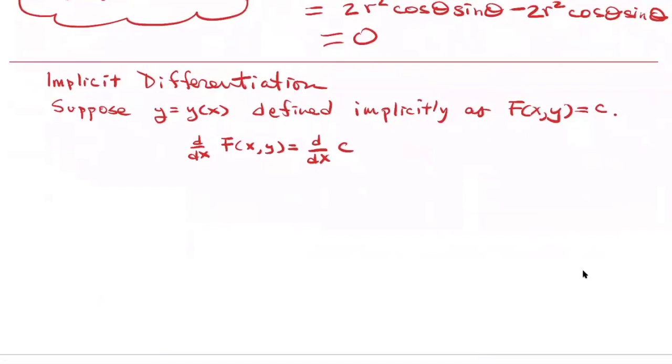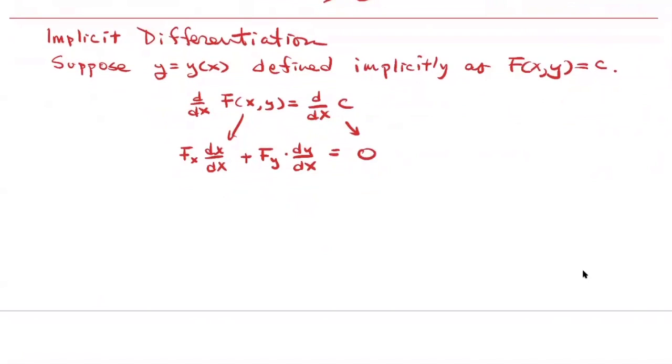So on the left side, you've got to do fx times dx over dx, the variable you're taking a derivative with respect to. So that's just going to be 1. Plus fy times the derivative of y with respect to x. So that's the chain rule. Okay, and of course, this is equal to the right side, which is 0.